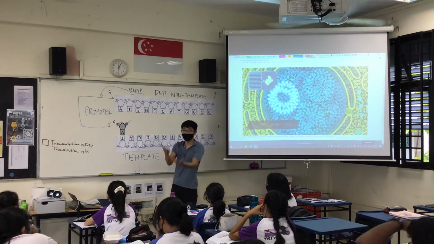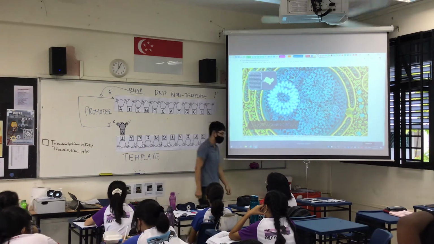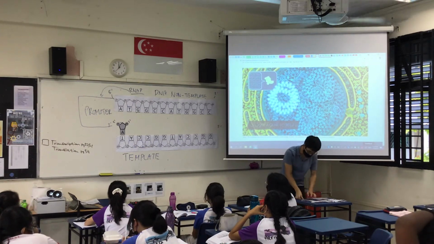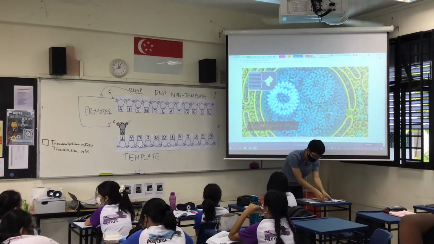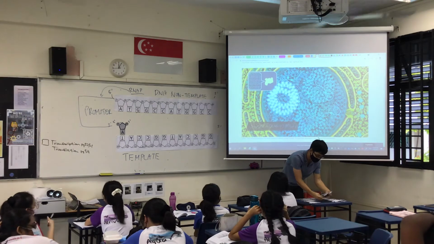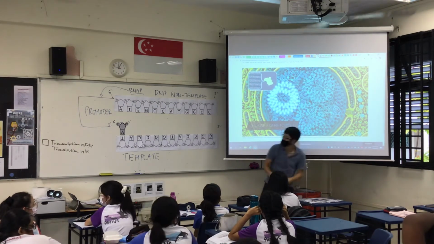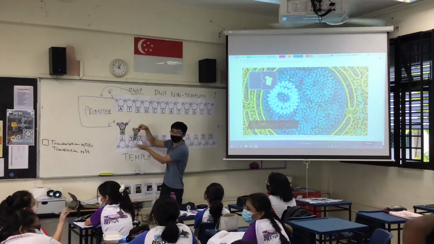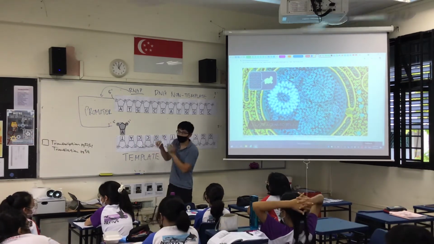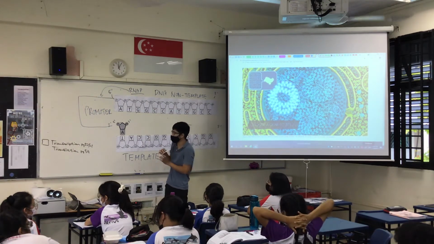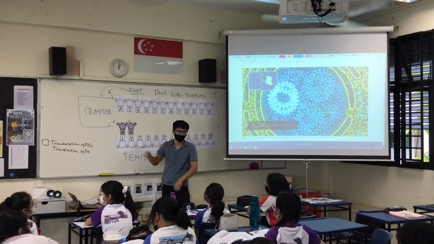Now let's elongate the mRNA. What's the next one? U. Let me find U. Wait, where's my U? I have lost U. Okay, I found U. Now notice this: when the RNA polymerase adds the new RNA, I will add it to the 3' end.